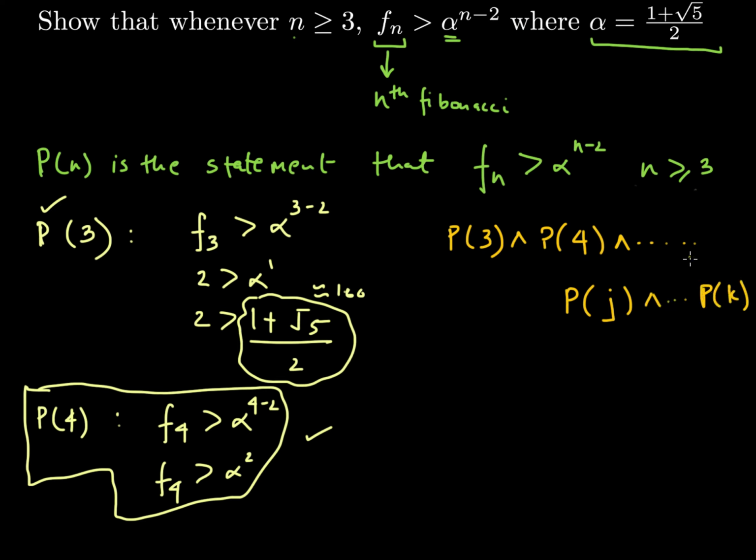I choose some arbitrary k, and for all j's between 3 and k, I know that the statement P of j is true.